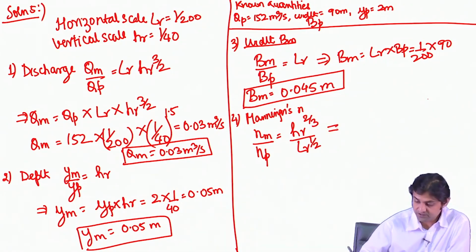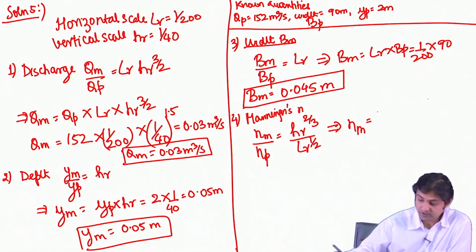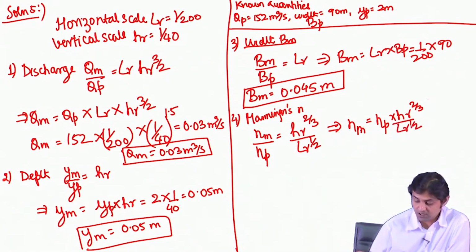This implies the model nm is the Manning's number in prototype into Hr to the power 2 by 3 divided by Lr to the power half.